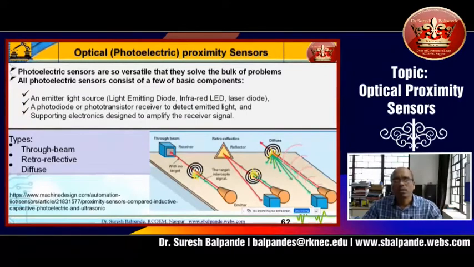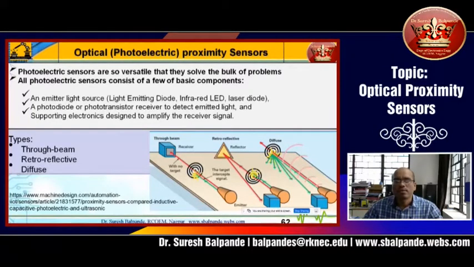Sometimes we come across non-conducting, non-metallic material, and there we find difficulty using the inductive or capacitive proximity sensor. Like paper, or some non-metallic part like a rubber sheet or acrylic sheet, in such cases it is very, very difficult.